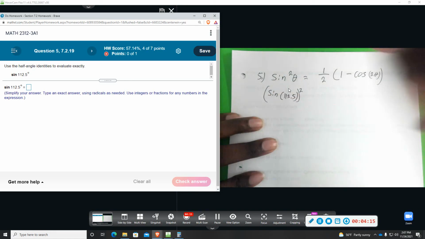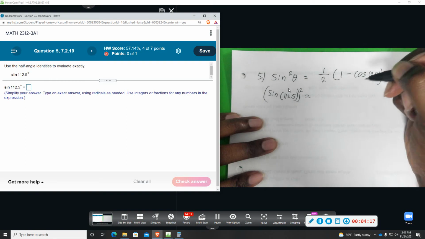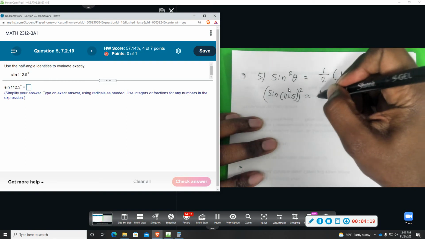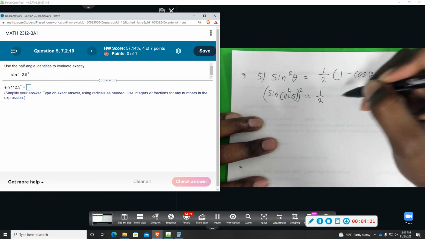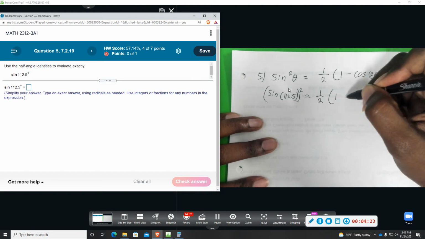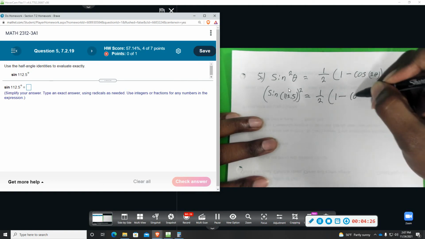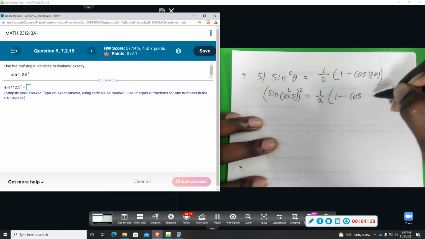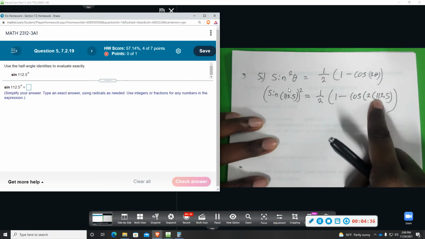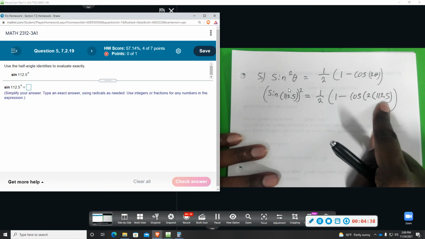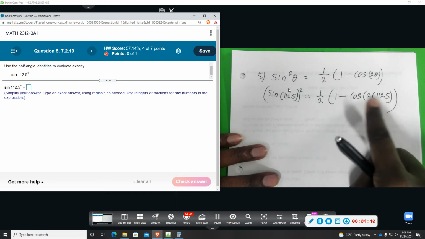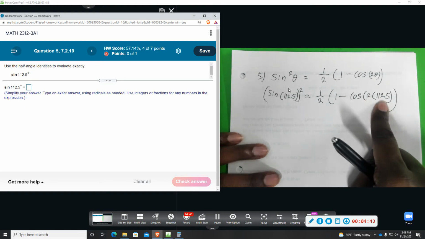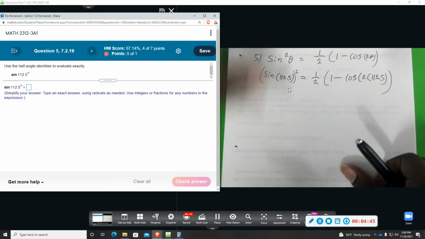This is equal to 1 over 2, times 1 minus cosine of 2 times theta, which is 112.5. Alright, so 112.5 is not an angle that you see on your unit circle, but when you multiply that times 2, that gives us 225.